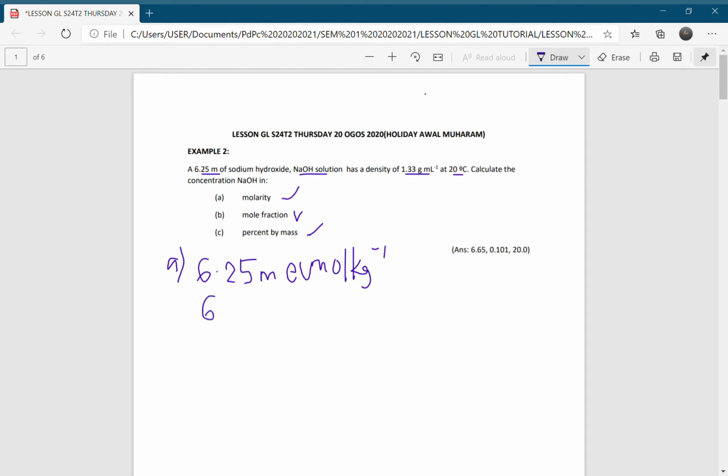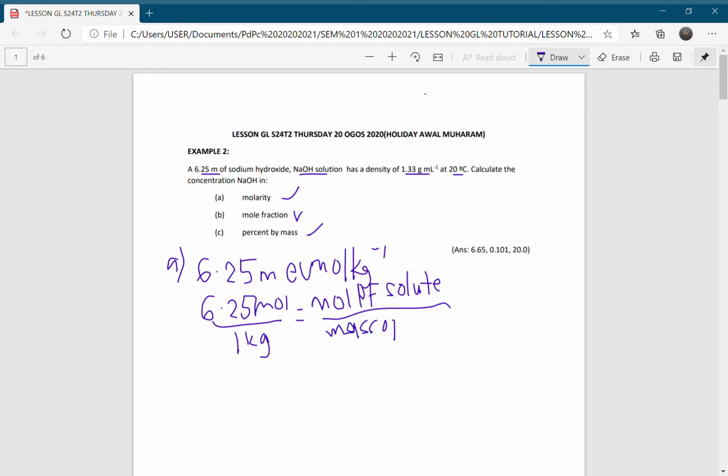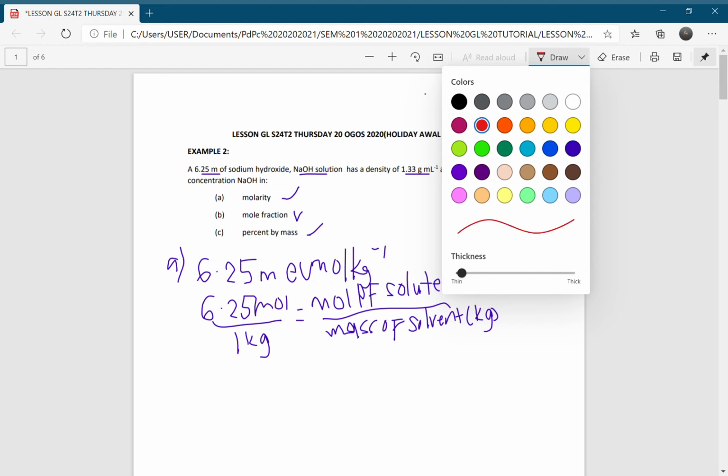So we can rewrite again 6.25 mole over 1 kilogram, that is equivalent to the formula in molality: mole of solute over mass of solvent in kilogram.